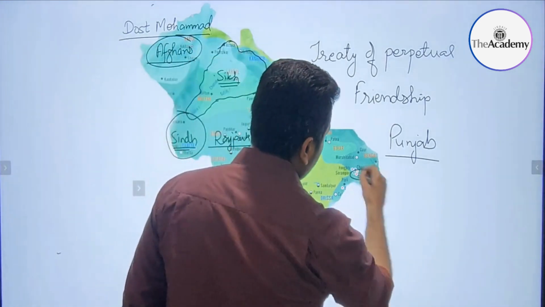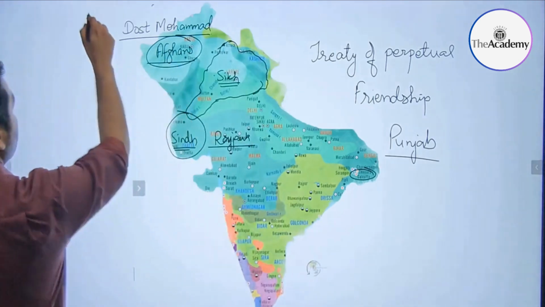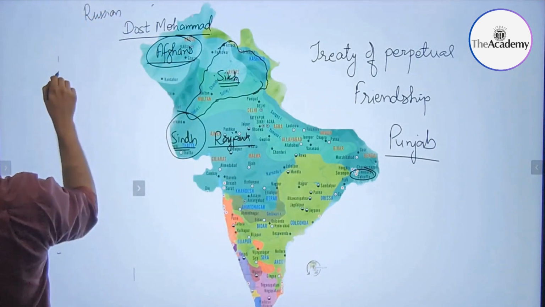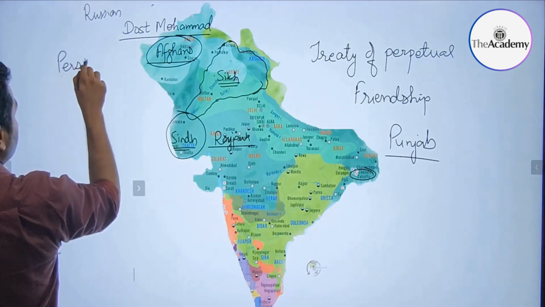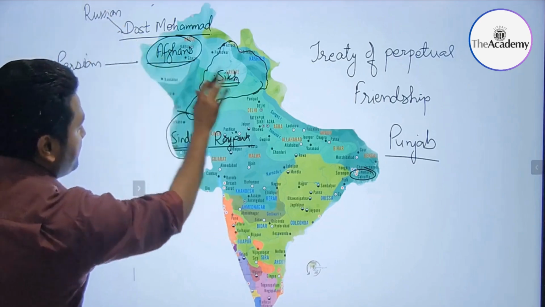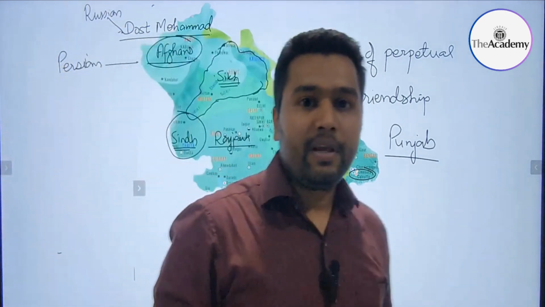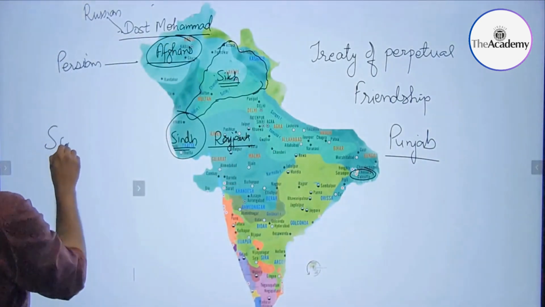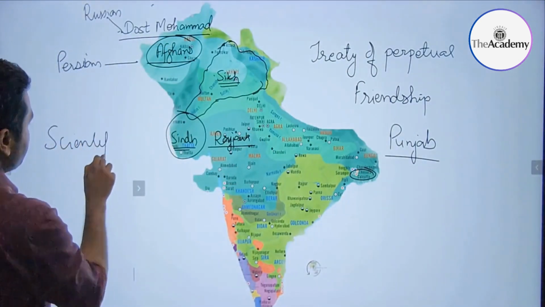Now here, the English were fearing a Russian and Persian alliance so as to make inroads into India via Afghanistan. Therefore, the English were in search of a scientific frontier.